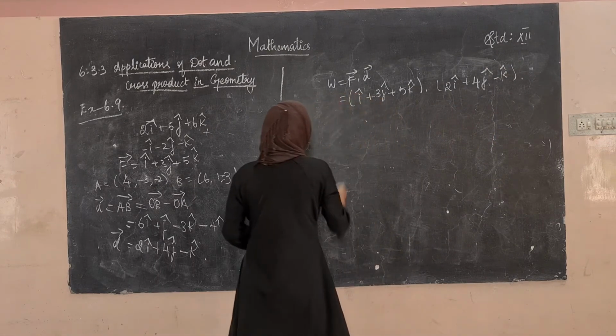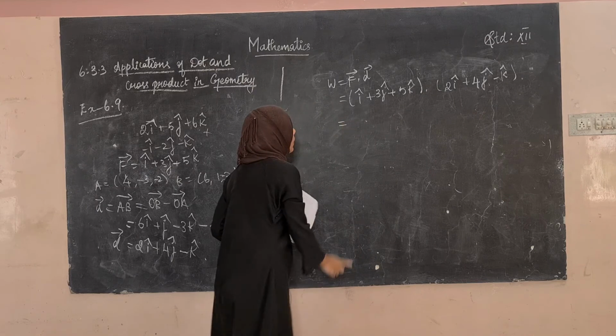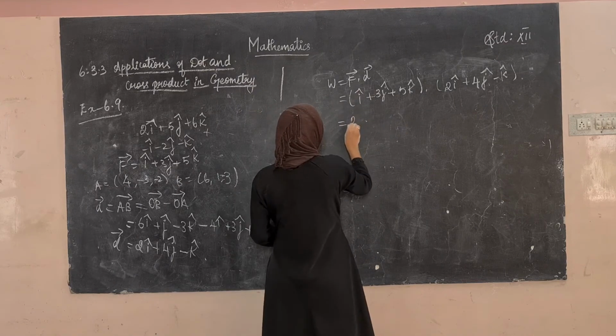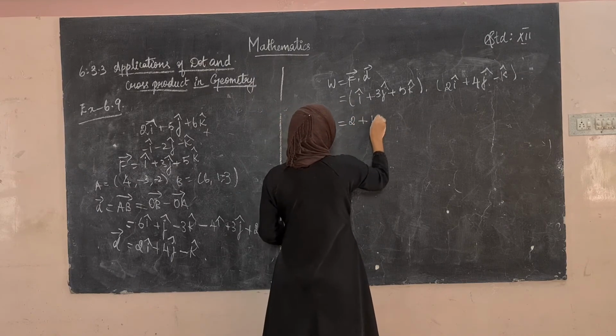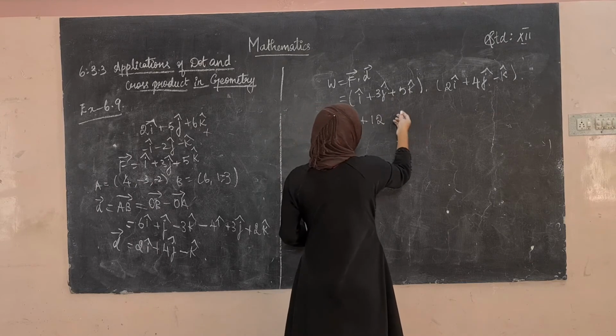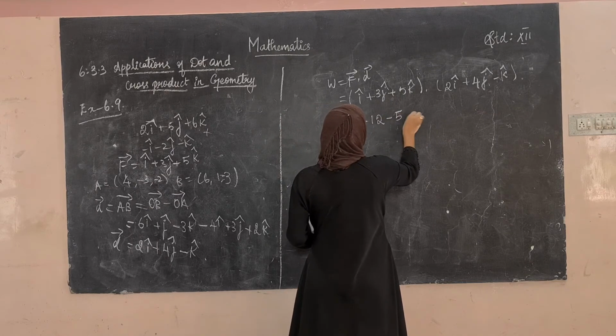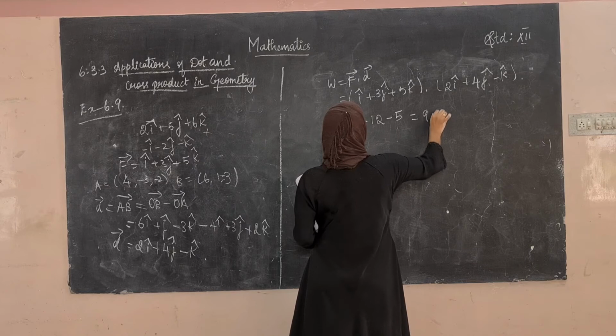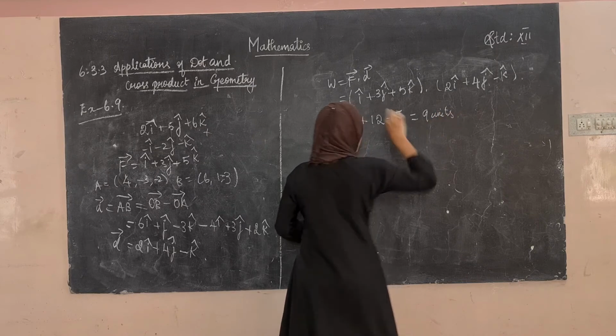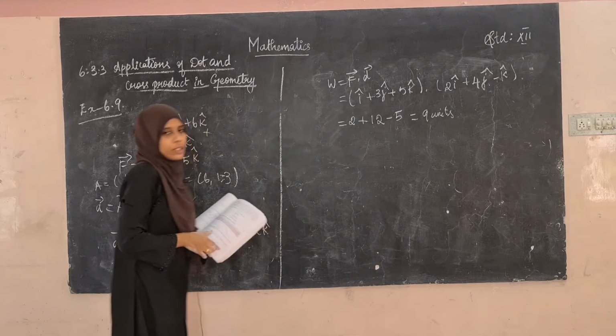To find the dot product: 1 into 2 is 2, plus 3 into 4 is 12, 5 into minus 1 is minus 5. So 14 minus 5 is 9 units. This is the work done, 9 units.